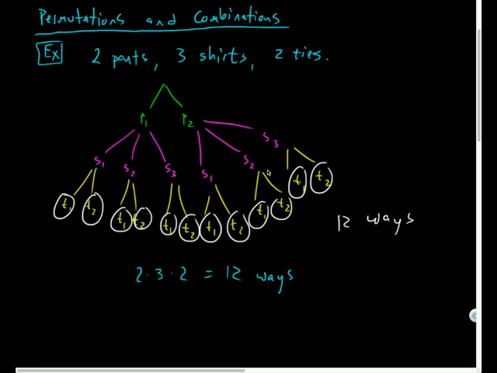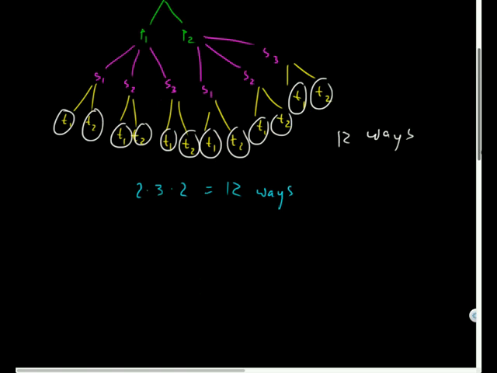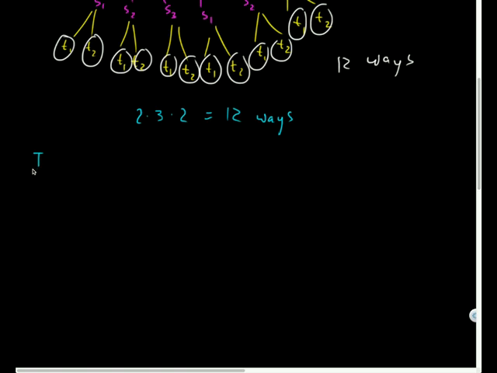There were still 3 outcomes for each of those. Or it didn't affect which tie I chose with that combination. Because all of these events were independent, I could multiply the number of ways each individual decision occurred to get the total number of ways that could happen. So that's the idea of independent events. Independent events are events that have no effect on one another.